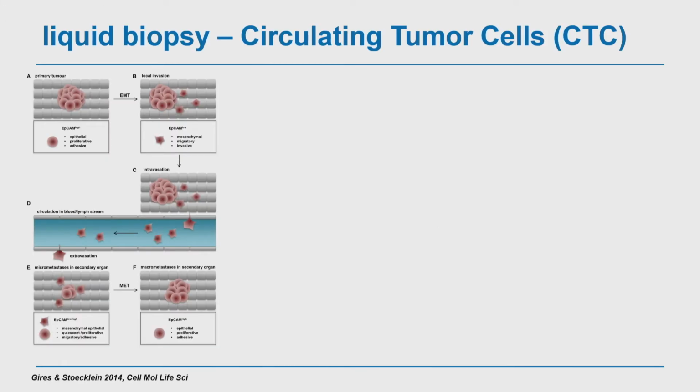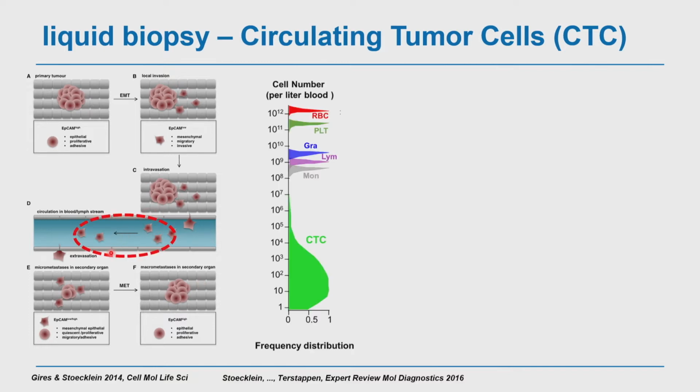To start, I'll give you a brief background on circulating tumor cells. These are cancer cells that have entered the circulation either by active or passive mechanisms and can be traced as very rare cells in the blood.